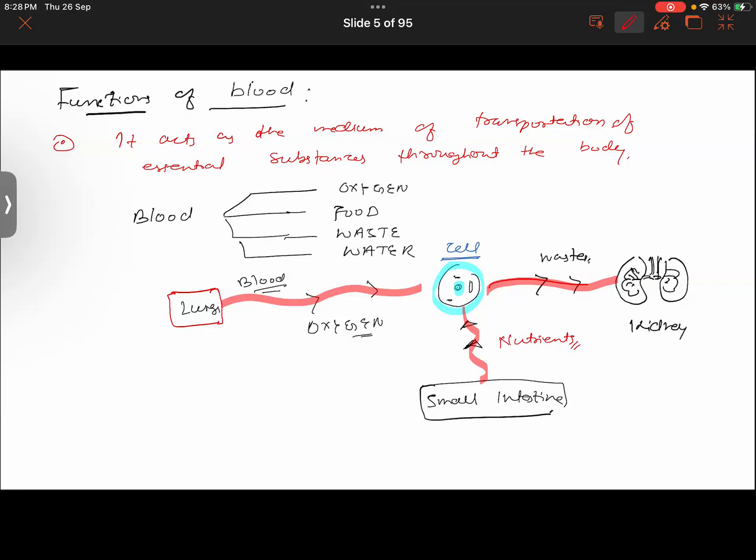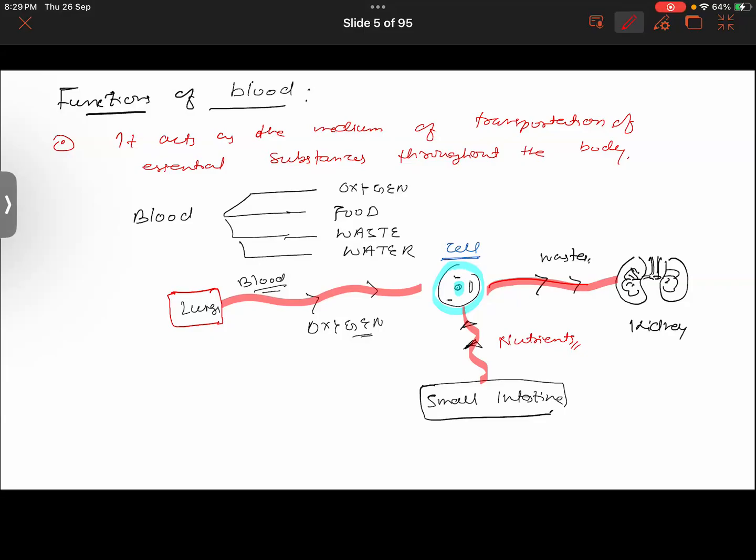What are the different components of the circulatory system of the human body? Heart, you are saying. Okay. Arteries, veins, heart, and blood. Okay, that's good.